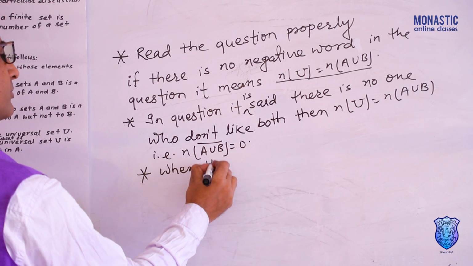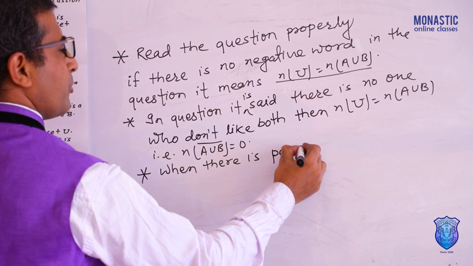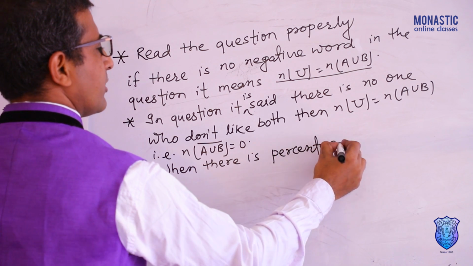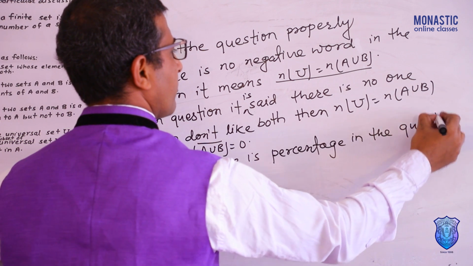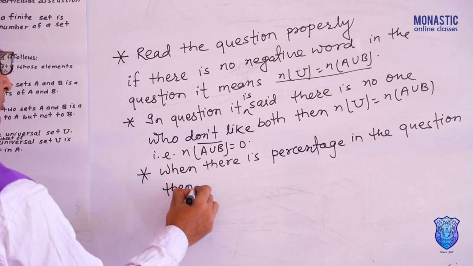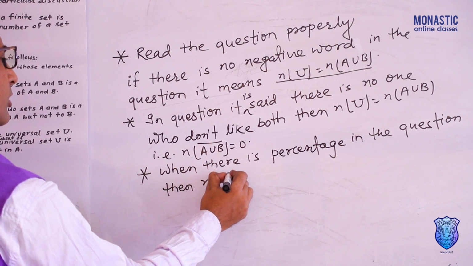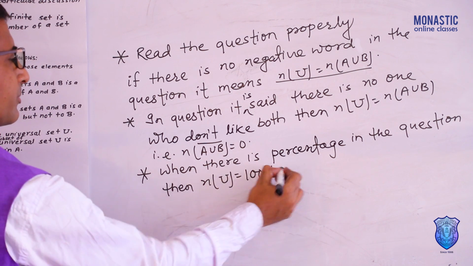When there is a percentage in the question, then the universal must be 100%.